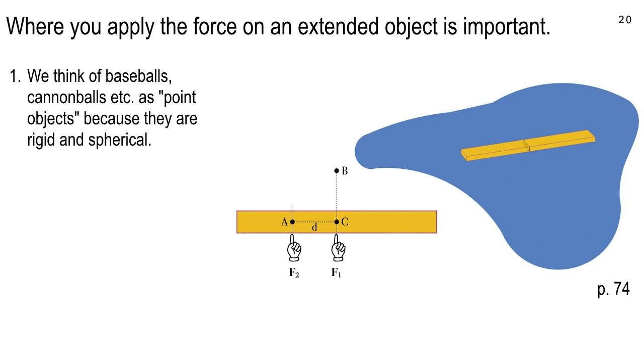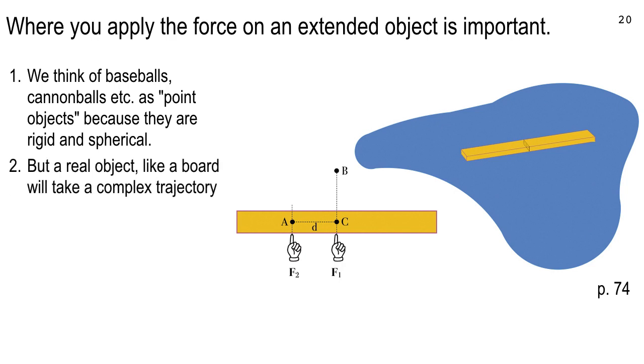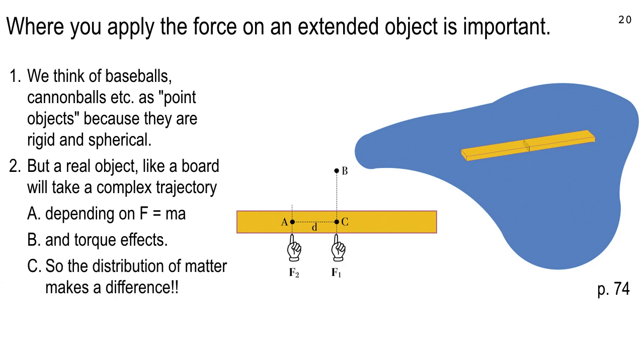Baseballs and cannonballs and stuff, those are point objects. They're rigid, they're spherical, but a real object like a board will take a complex trajectory depending on F equals ma and also on torque effects. We're going to look at some pictures of that.